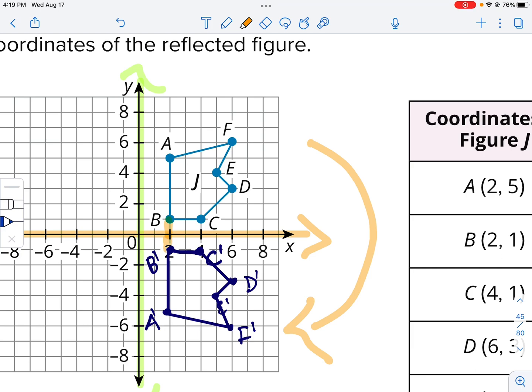If I talked about A, the distance between A and the x-axis was 5. So A prime also had to be 5 away. Same thing over here. I'm talking about F. It was 6 away. So that means F prime has to be 6 away also.